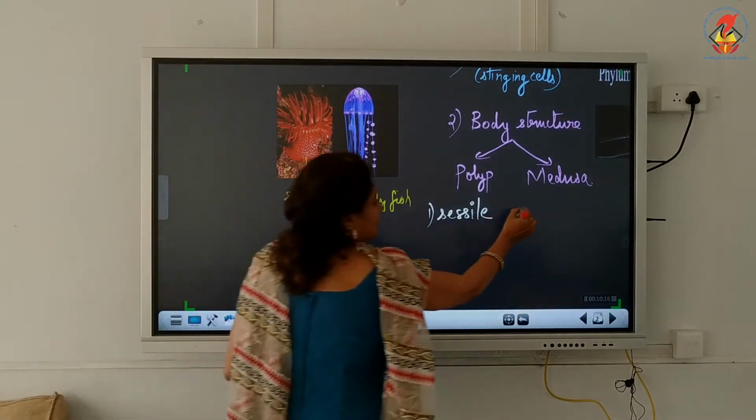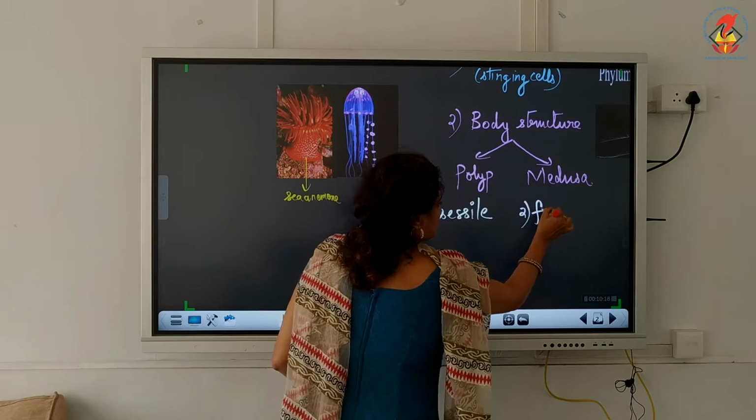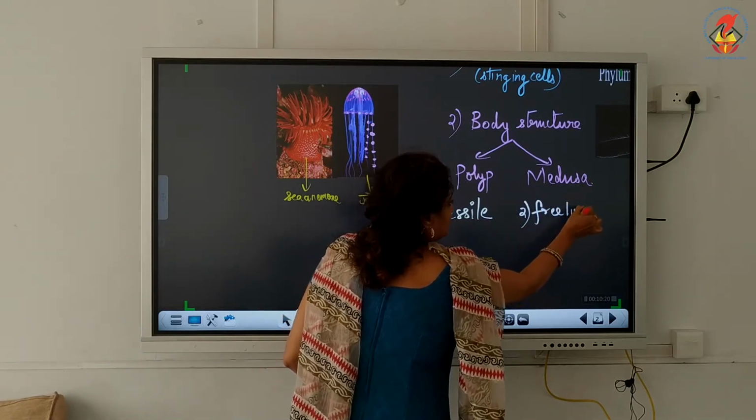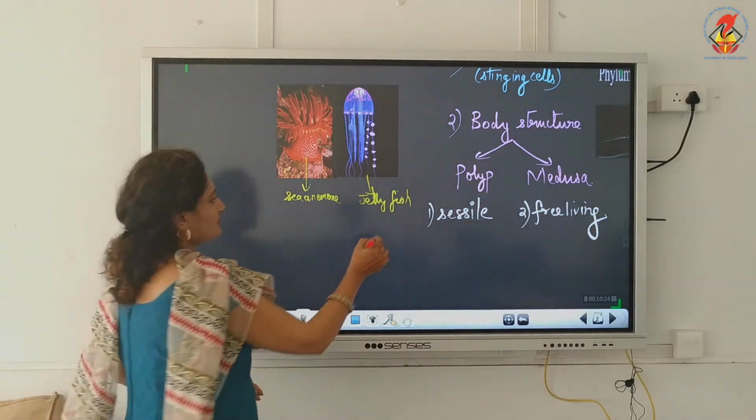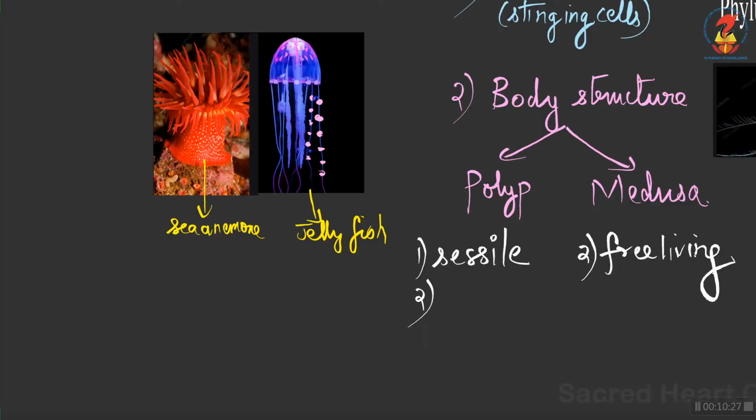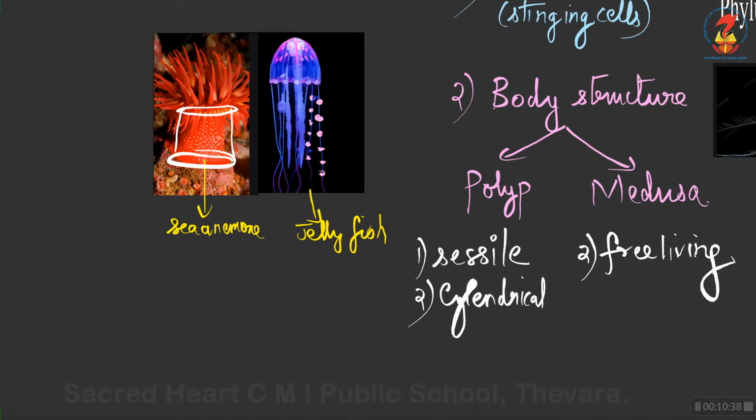Whereas this is free living, free floating at the mercy of the waves. Medusa. Then second, look at the shape. If you analyze the shape, it looks like a cylinder. So this is cylindrical, whereas medusa is umbrella shaped. See, it looks like an umbrella.